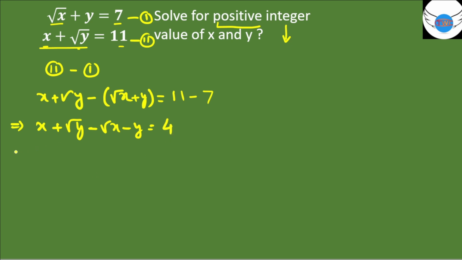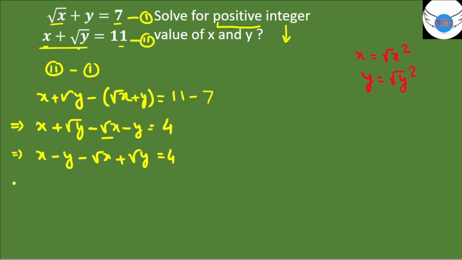Now we'll segregate the terms. We'll write x minus y, and negative square root x plus square root y, that is equal to 4. Now the terms x and y, we can write x as square root x whole squared, and similarly y as square root y whole squared.